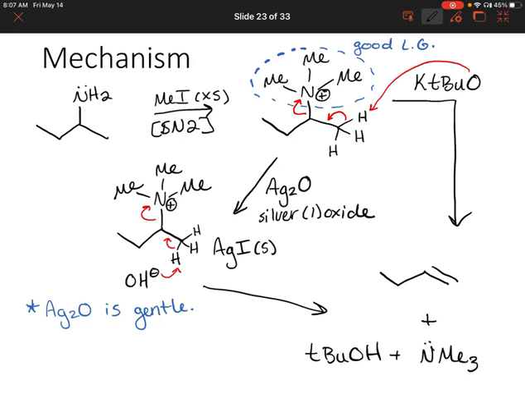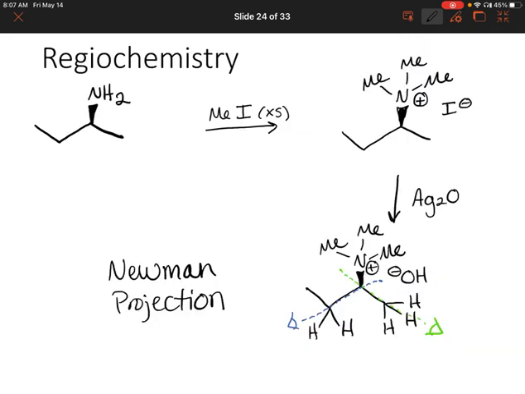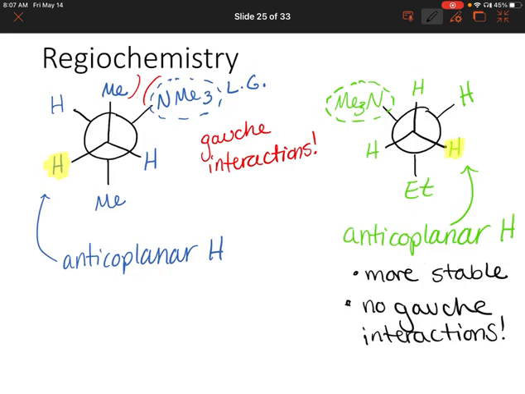Either one works. Now, remember that you are going to form that less substituted alkene just due to the stability of the less substituted carbon protons.